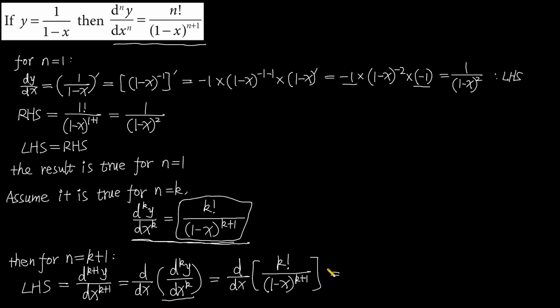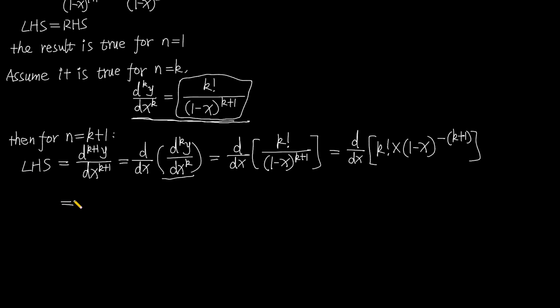This equals, we change the form of this guy. So this is the derivative d/dx of k factorial multiply (1 minus x) to the power of negative (k plus 1).